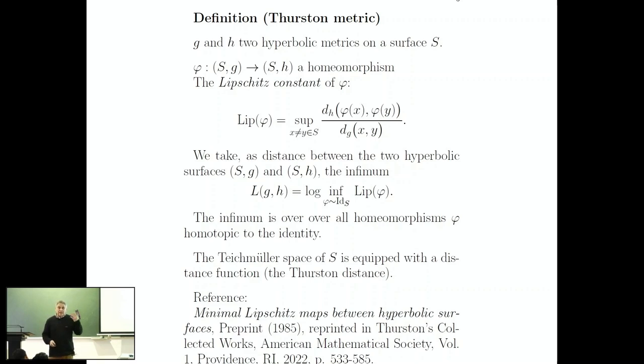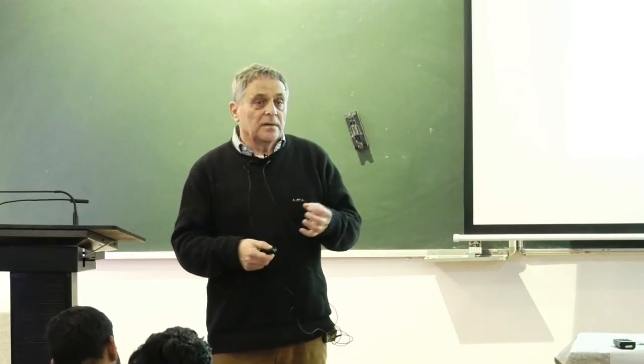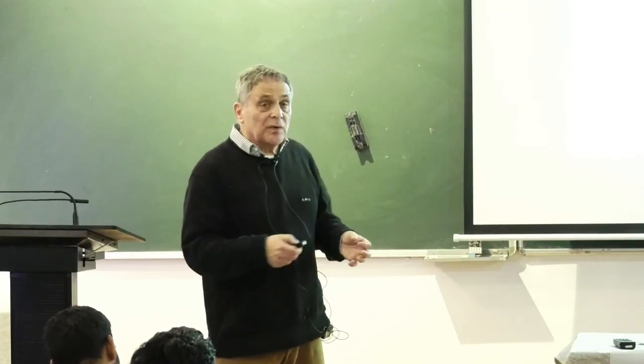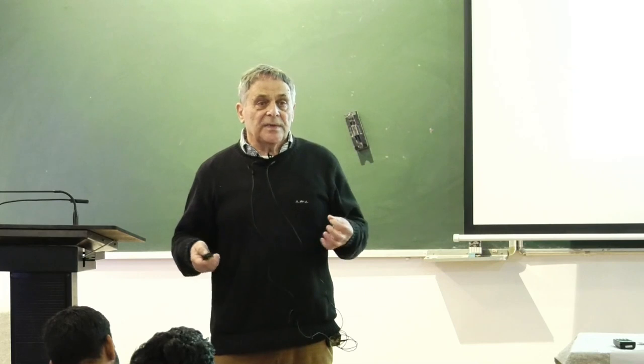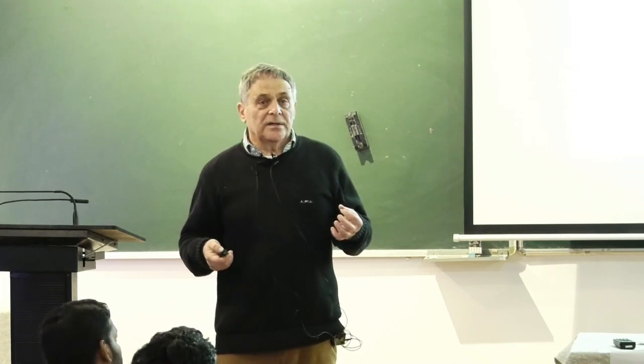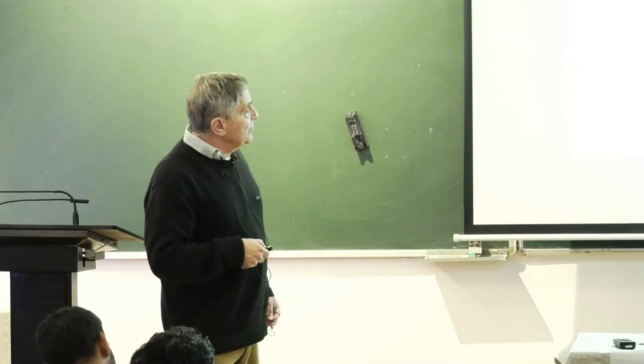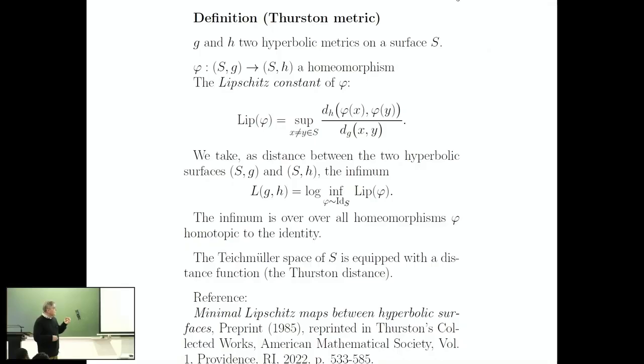This space becomes a metric space because you are measuring distances between the surface S equipped with various metrics. So this makes this space of metrics itself a metric space, and this is the Teichmüller space equipped with the Thurston metric.